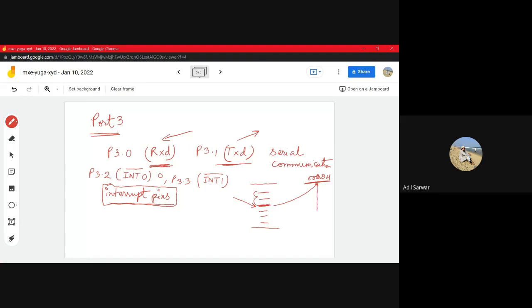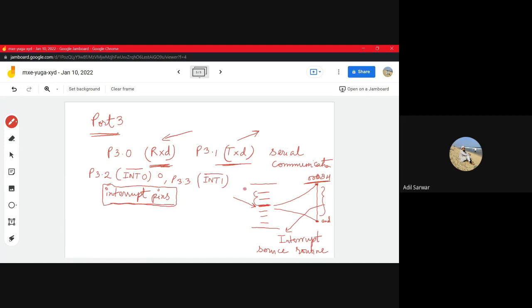It goes on executing until it encounters the final command, end, and then it returns back to the next address. This set of instructions is called the interrupt service routine, ISR.